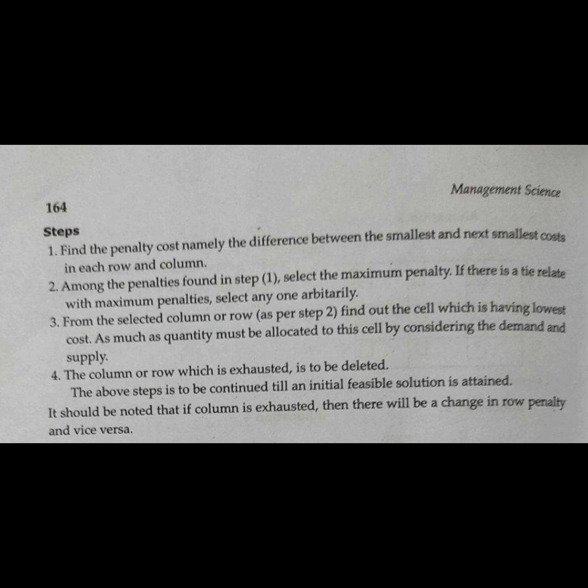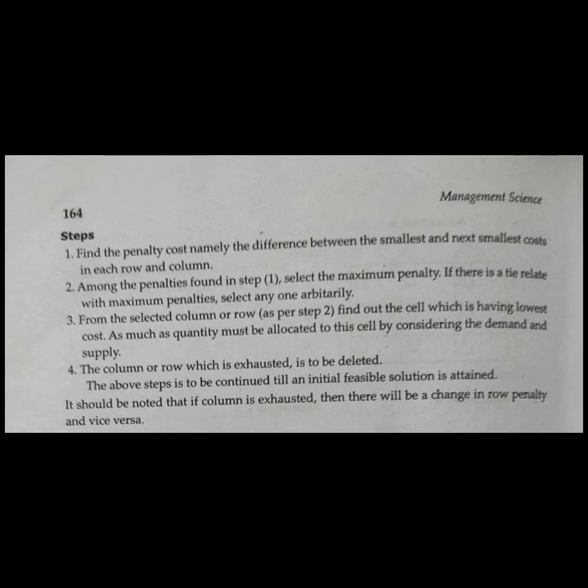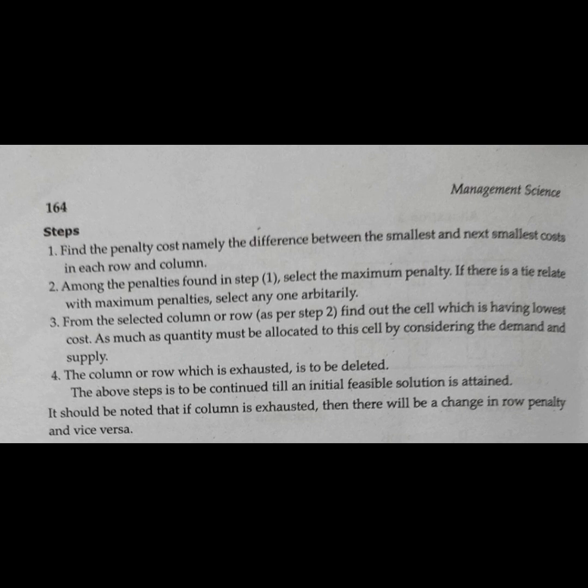To summarize, find the two lowest costs in each row and column, compute the row differences and column differences, select the row or column with the greatest cost difference, and assign the maximum possible number of units to the least cost route in that row or column. The method gives better results with fewer iterations.